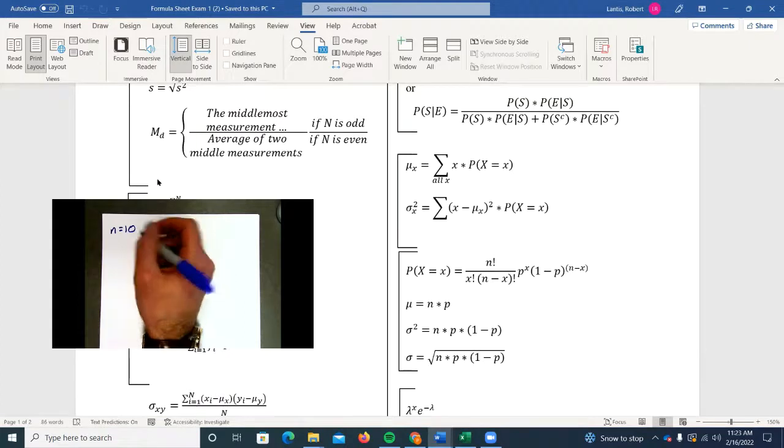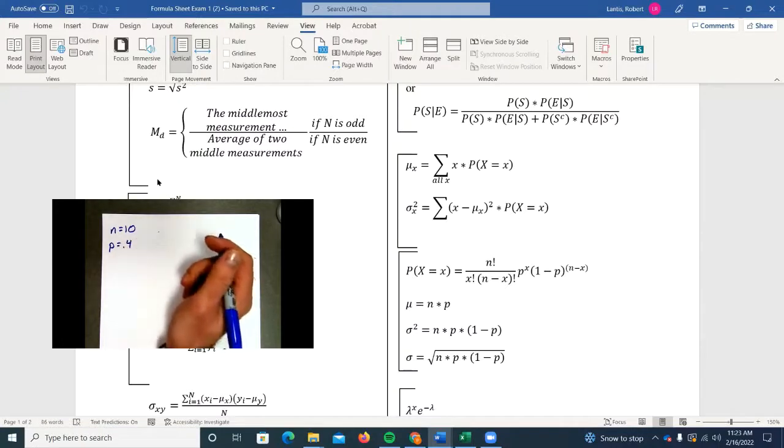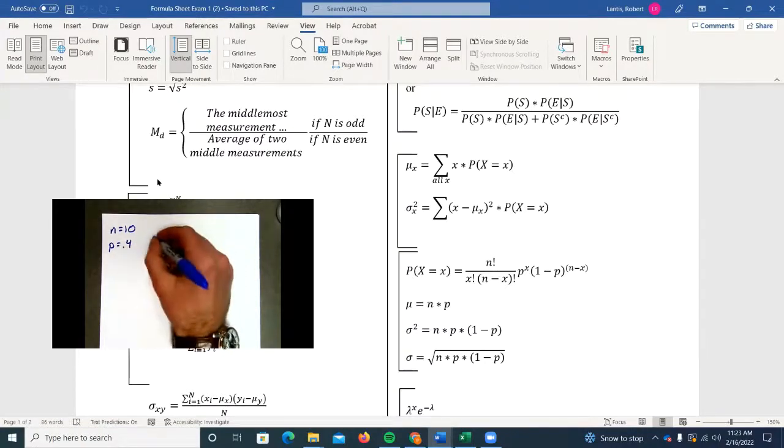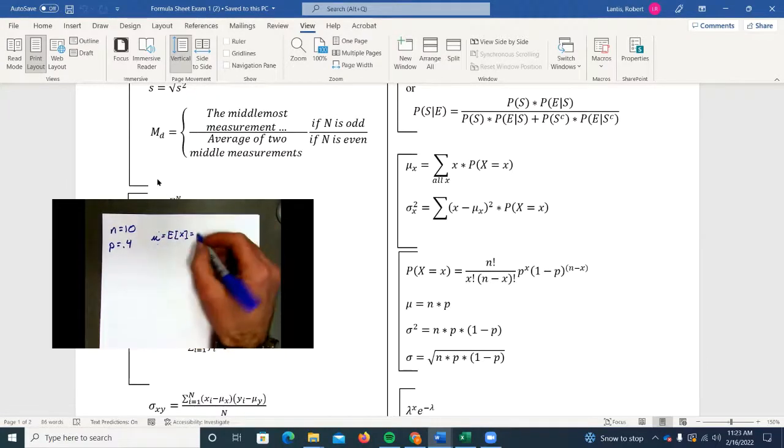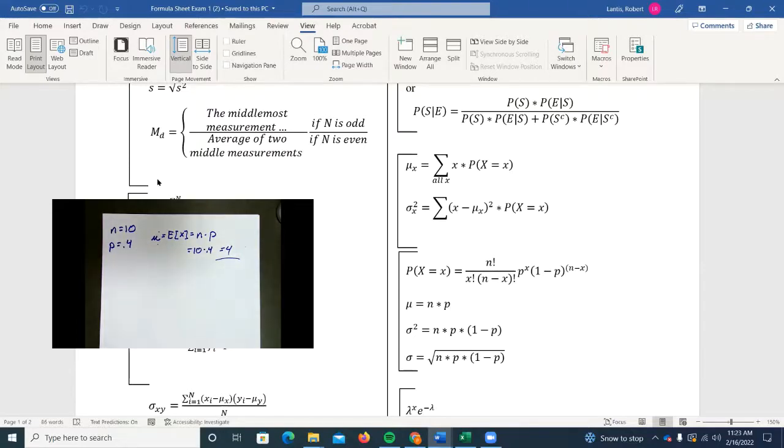The probability any one person carried a balance was 40%, so p is 0.4. If I want to find the mean, or expected value, of this random variable x, it's simply n times p. So 10 times 0.4 gives me an expected value of 4.